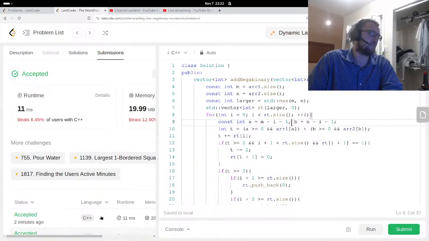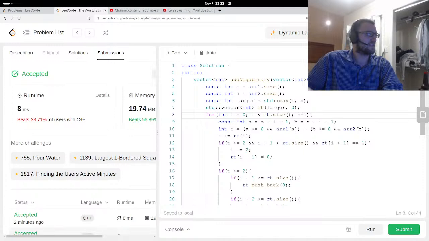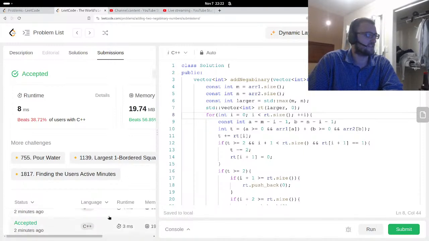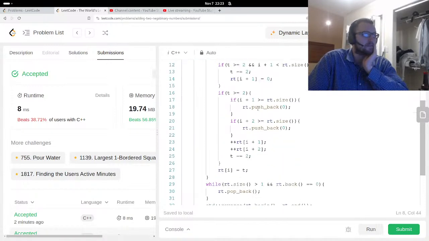All right, I'm not getting the 100% here. I think my solution is just a little bit too, a little too complicated, I guess. Gee, darn. Too many if statements.